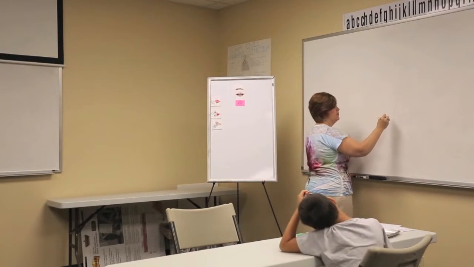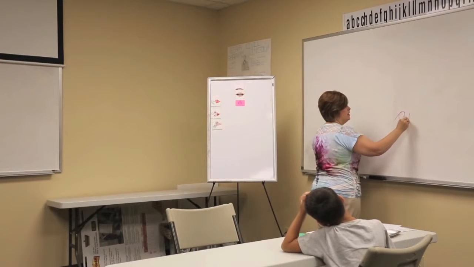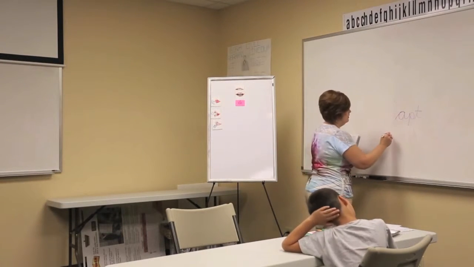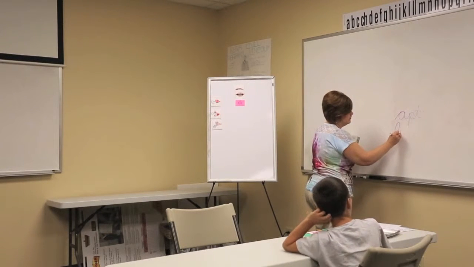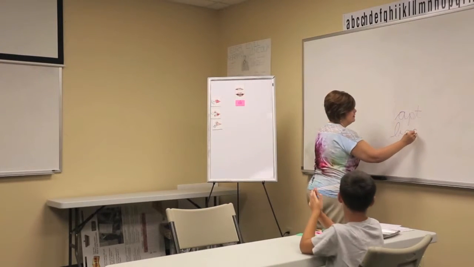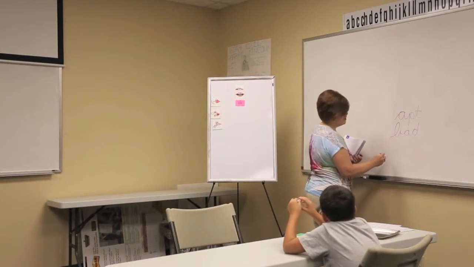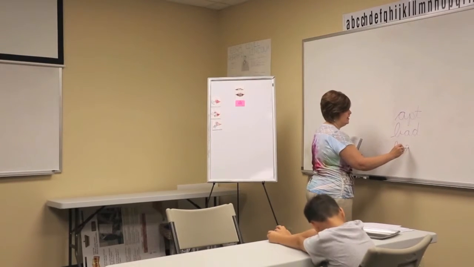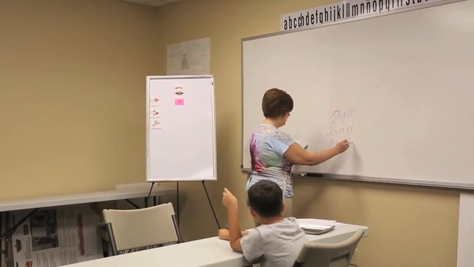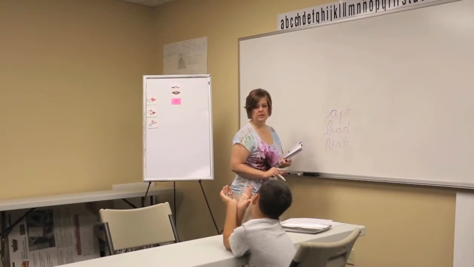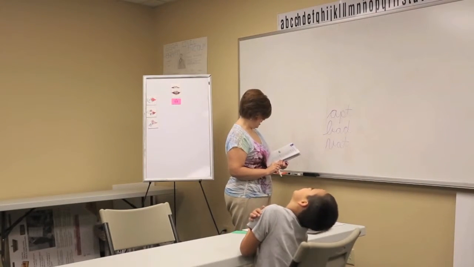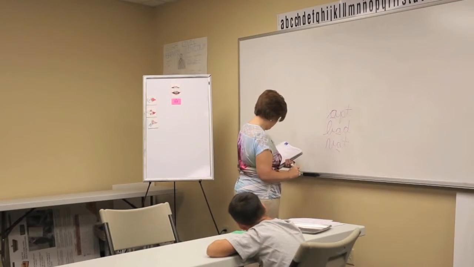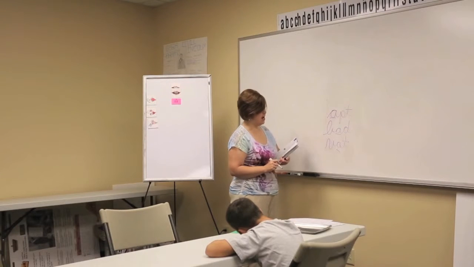Eyes right here. A, P, T. B, A, D, B, A, T. What do you see alike in these words? They all have an A. Yes, they all have an A. What kind of letter do you see after the A?